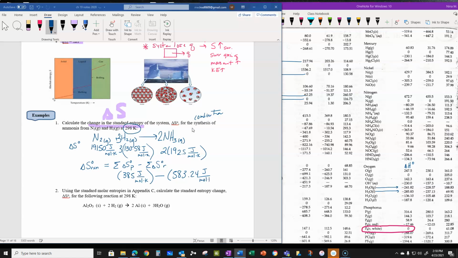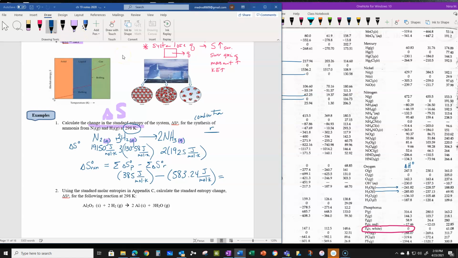Okay, because they did say the absolute entropy values are positive. But in the end, your answers can be negative because you're going products minus reactants, which means one part of the equation can have more entropy than the other. And this is how you check your work. You see these things called gases? In the previous video, I told you if you create more disorder, your entropy will be positive. Well, look at what we have here.